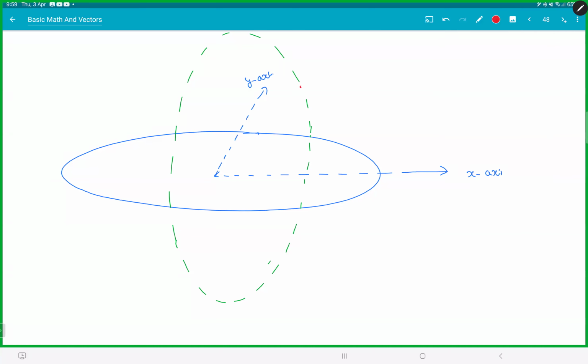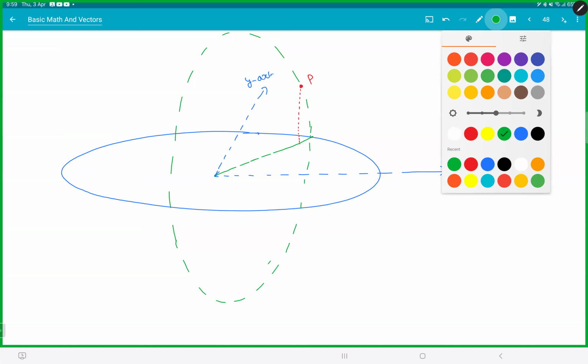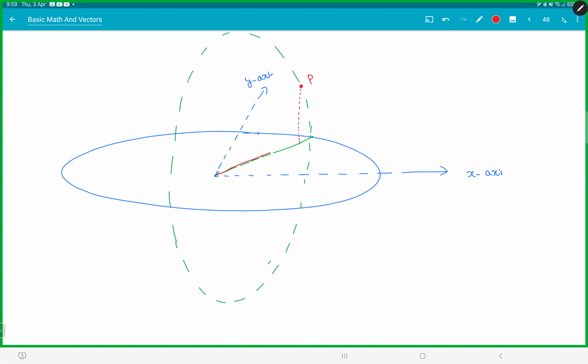So the point P is somewhere here. Now see, tell me one thing. If I drop a perpendicular from here, this angle is theta. Agreed with this?